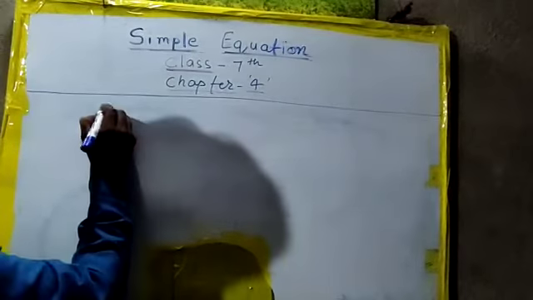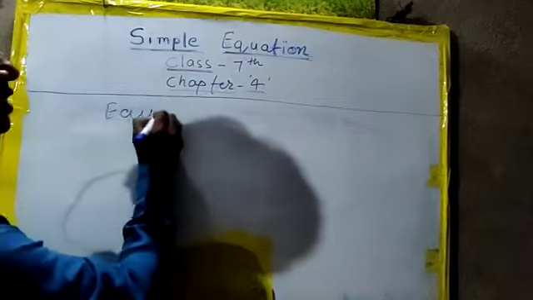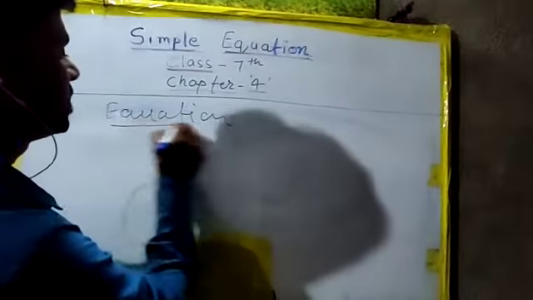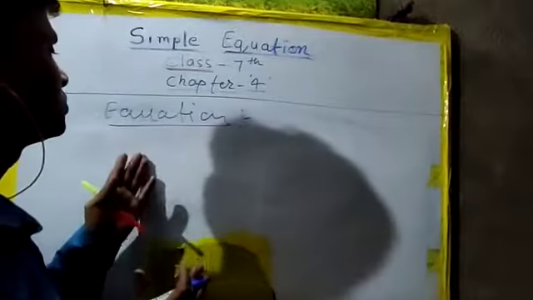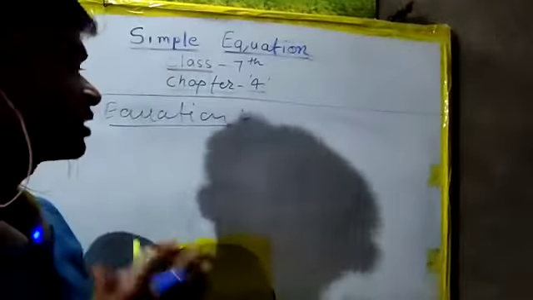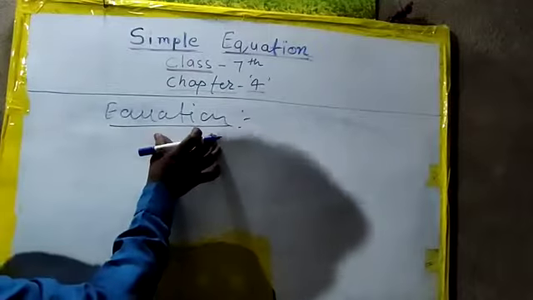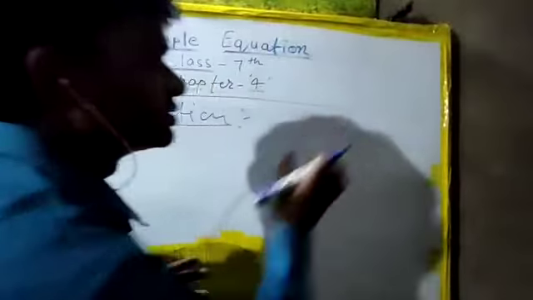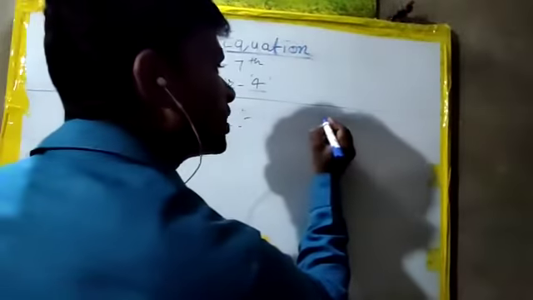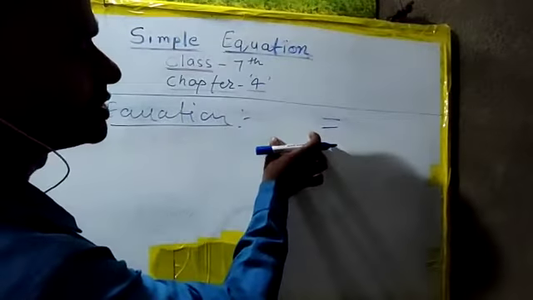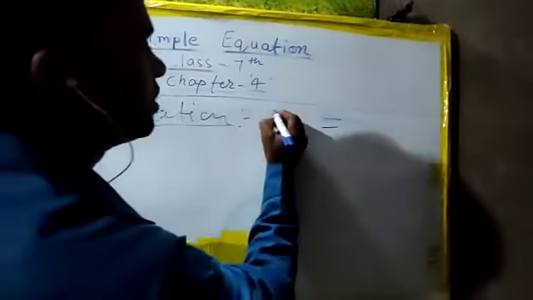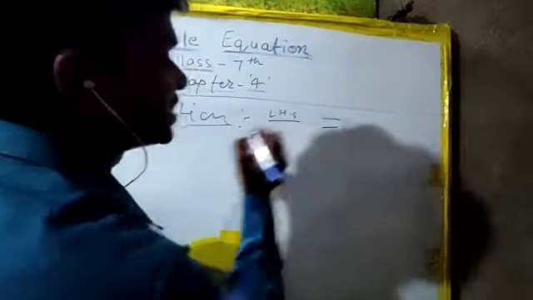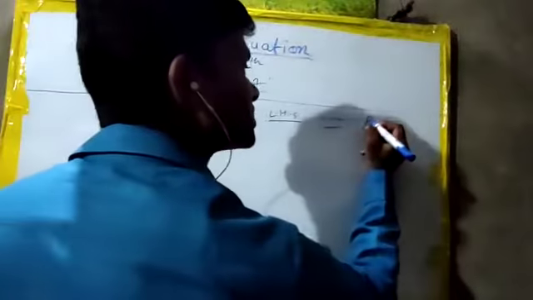In an equation, the basic thing we need to know first is what an equation is. The definition is that whatever information and data we have, we use it to make a formation, and in that we use an equal sign, called the is-equal-to sign. The fact we need to understand is that whatever is given towards its left, called the left hand side, must be equal to what is towards its right.